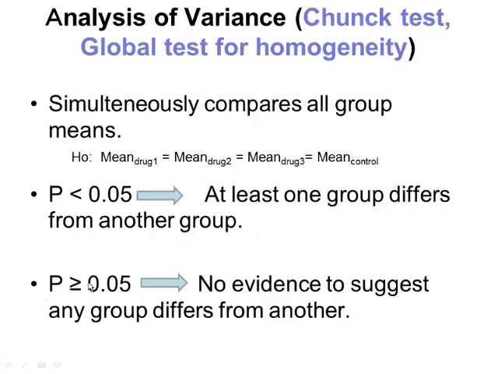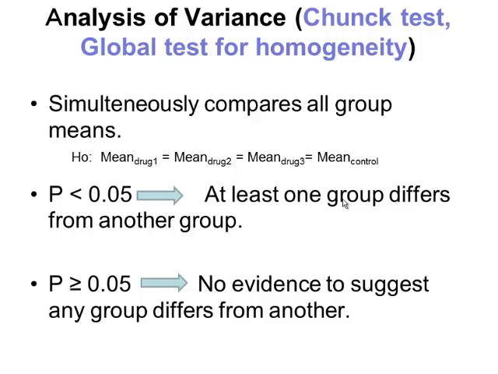If the p-value is greater than 0.05, you may claim there is no evidence to suggest any group differs from another. Okay, so when p is greater than 0.05, you stop your analysis, so you're done. And when the p-value is less than 0.05, you say at least one group is different, therefore you may proceed to look at each pairwise comparison.